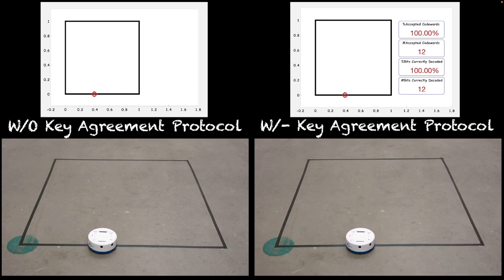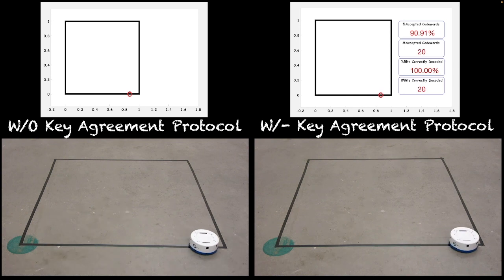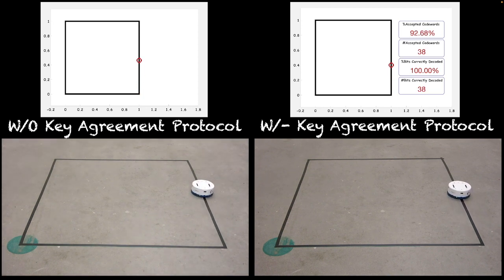As you can see in this demo, we are comparing the performance of the robot in following the square trajectory with and without this key agreement protocol. Also, at the same time, you can see the number of accepted code words and the number of bits correctly decoded on the right hand side, and also the percentage.